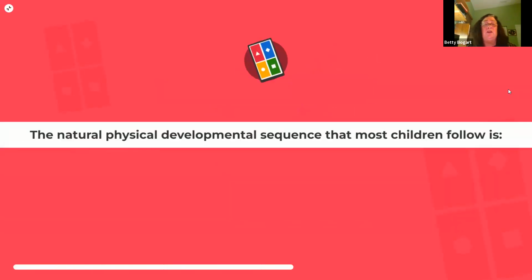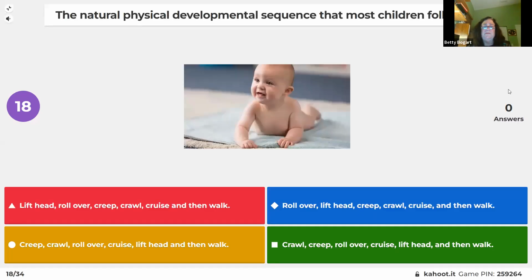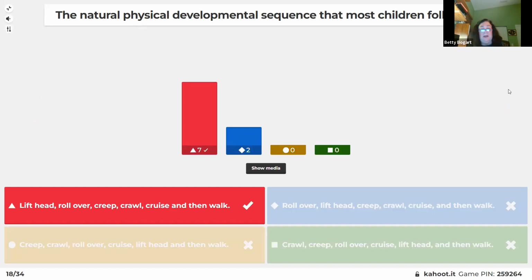The natural physical developmental sequence that most children follow is what? And this is motor. What should they do? What's the first thing they should do? They should be able to lift their head first.